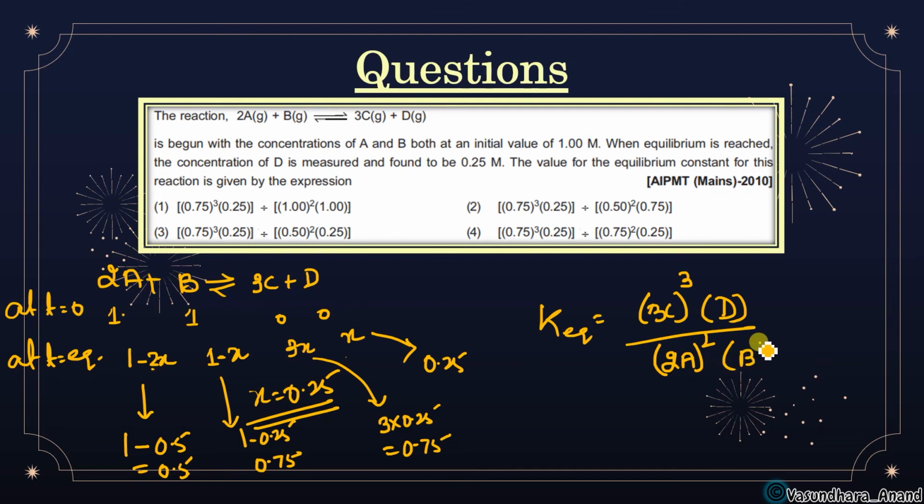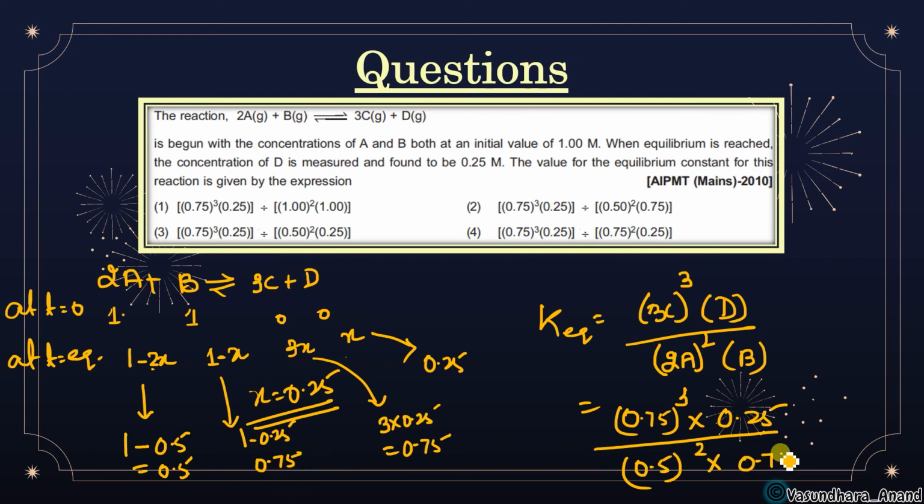And here B. 3C concentration हमने कितना निकाला था? 0.75. So this is going to be 0.75 cube. Then D concentration is 0.25, upon 2A. We got this 0.5, isn't it? So 0.5 square, and B is 0.75.